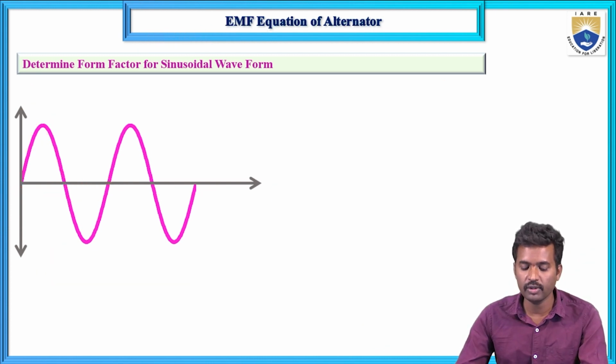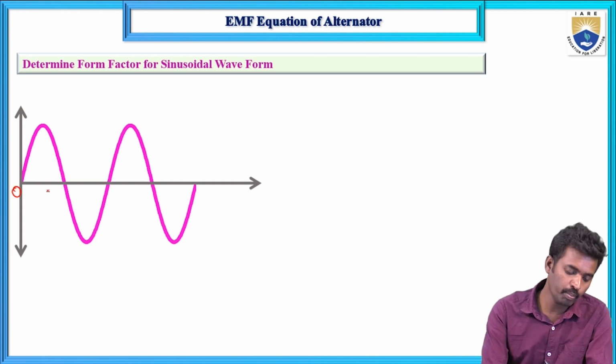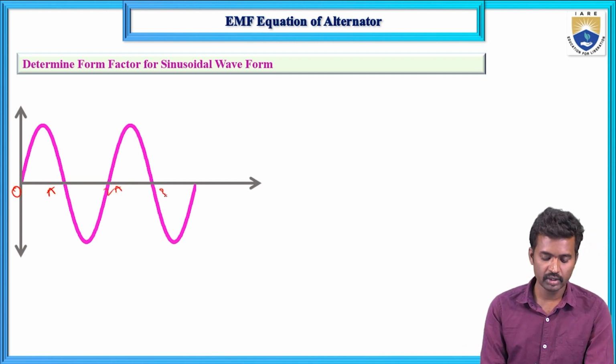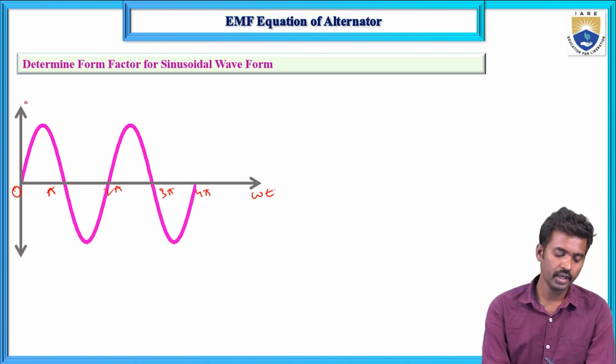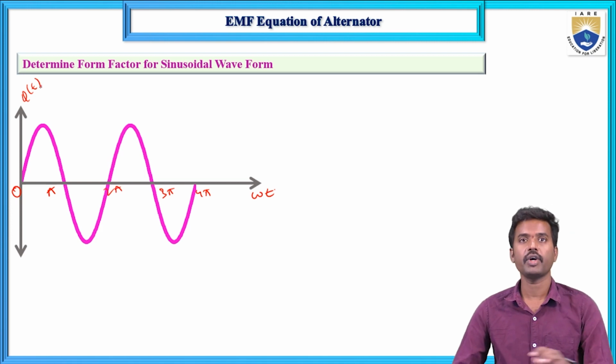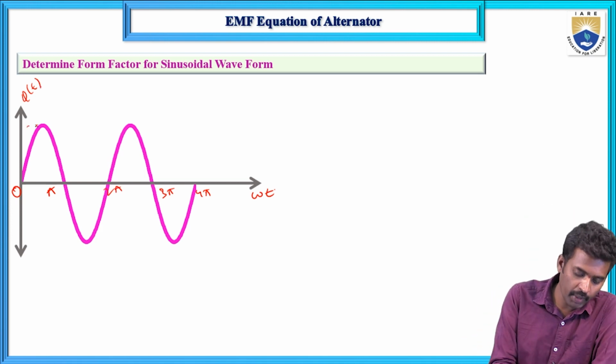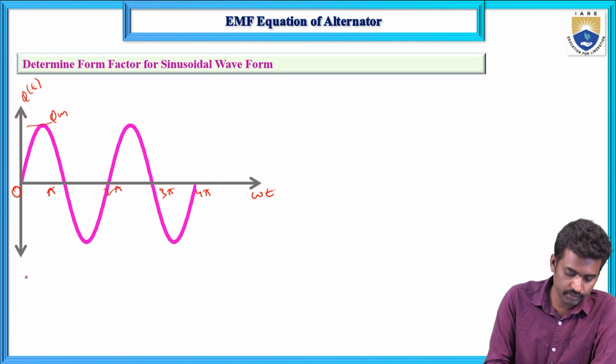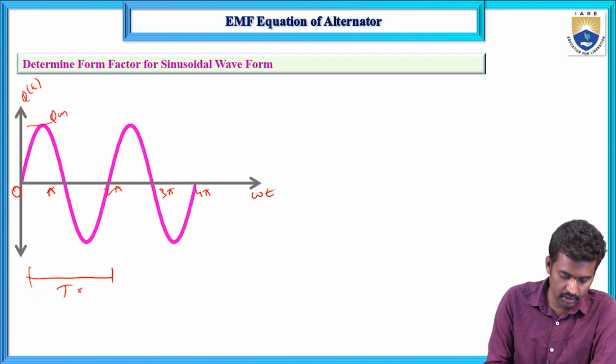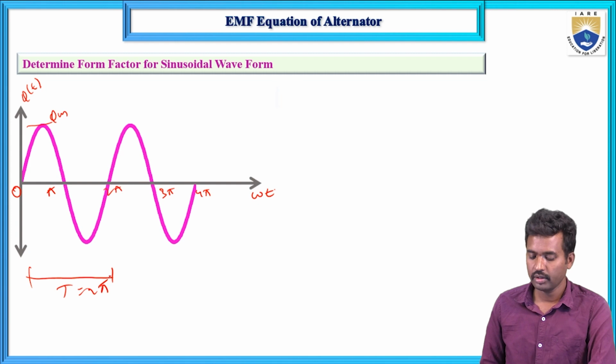Next, the RMS value. So this is 0, pi, 2 pi, 3 pi, 4 pi, omega t, and phi of t. The maximum is phi m, and the time period is T equals 2 pi.